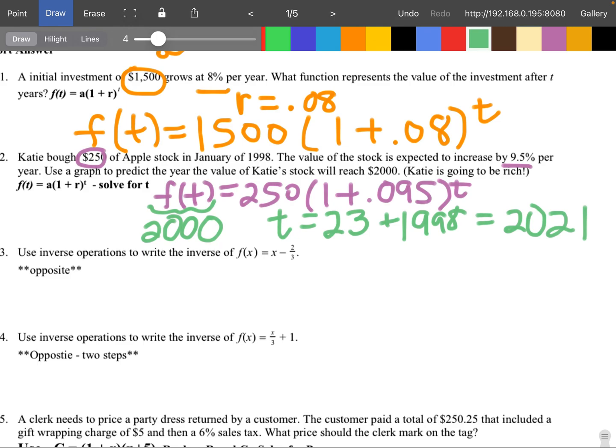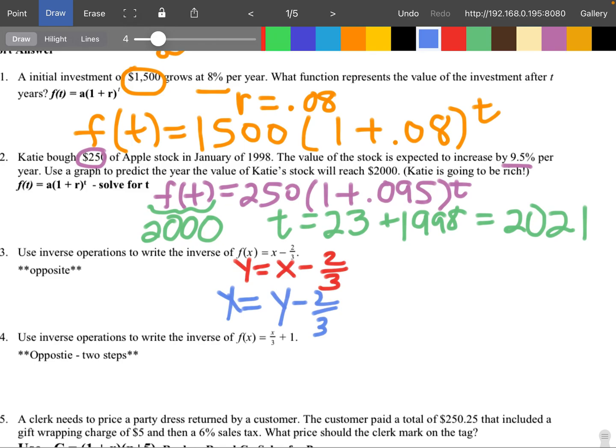2,000. Number 3, use inverse operations to write the inverse of f of x equals x minus 2 over 3. So remember, you want to replace f of x with y, so it's going to be y equals x minus 2/3, and then you switch your x and y. So it's going to be x equals y minus 2/3.